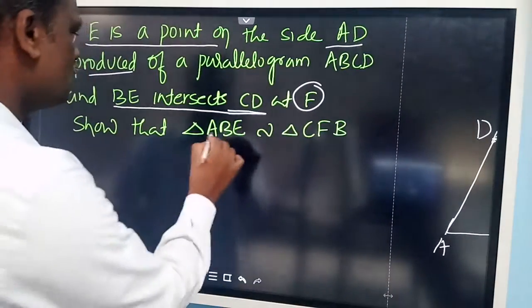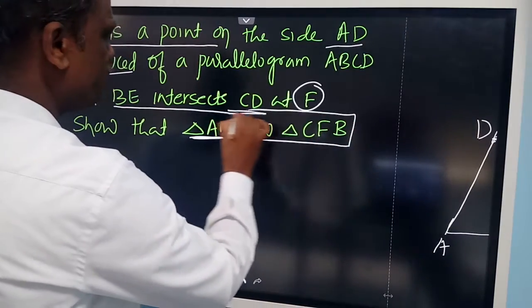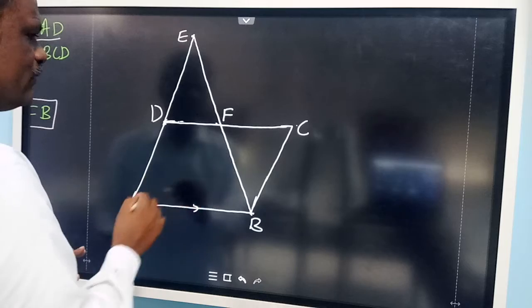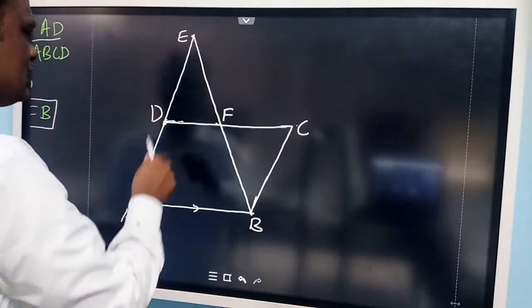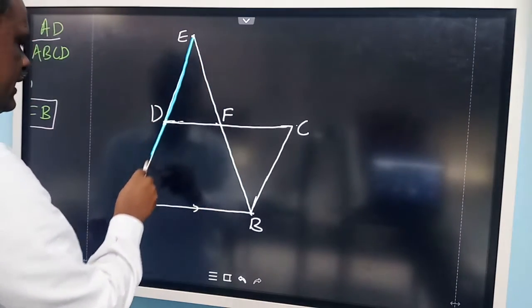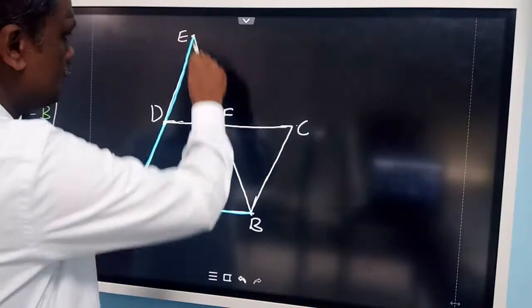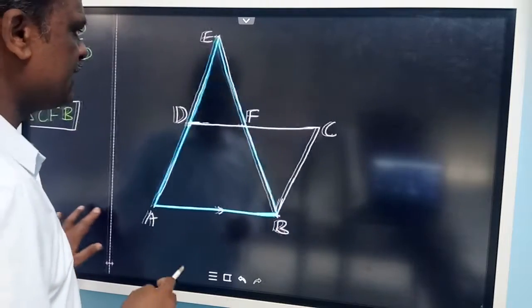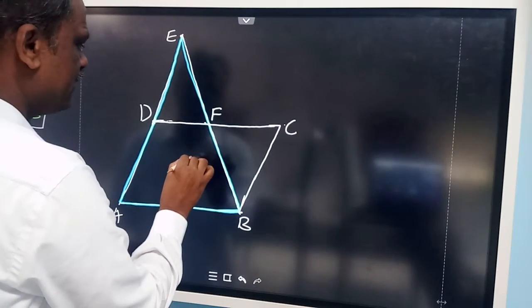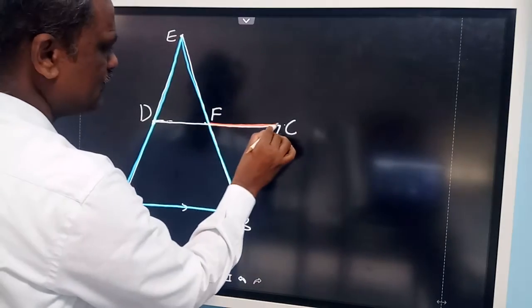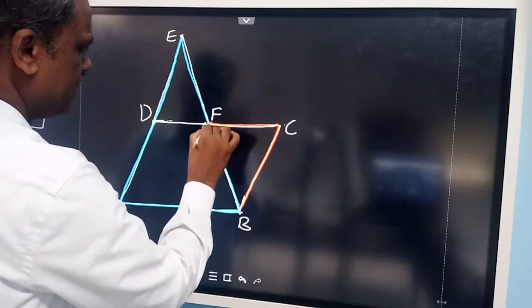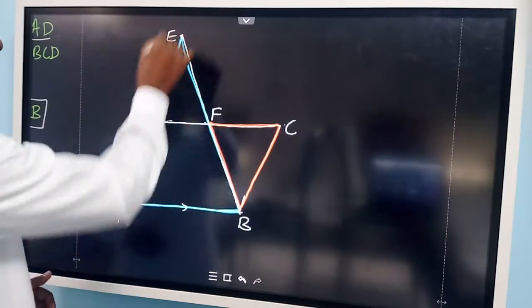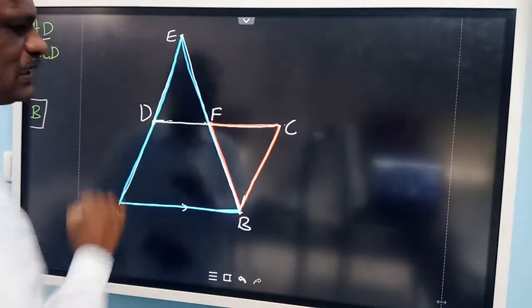Now show that ABE is similar to CFB. What is the triangle ABE? This bigger triangle ABE should be similar to this other triangle, CFB.